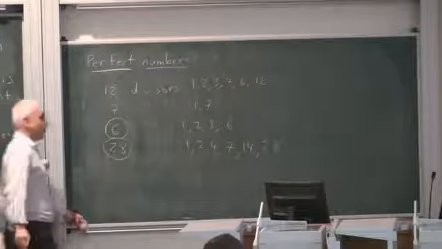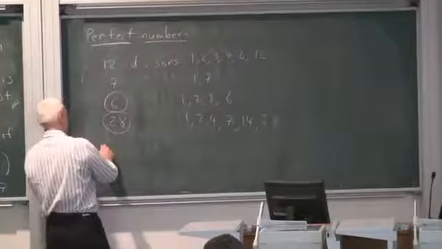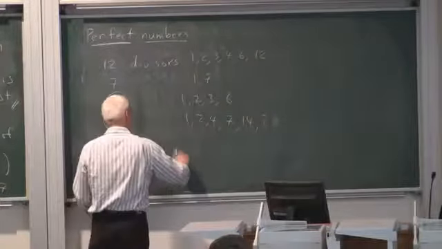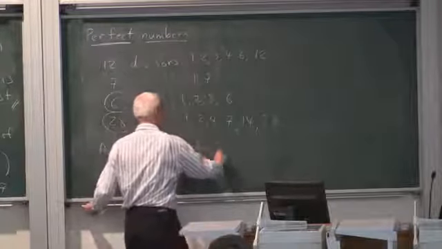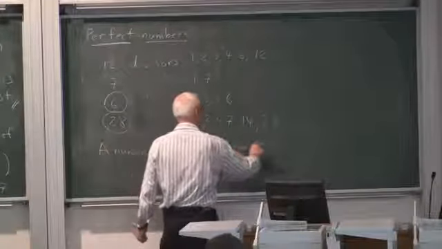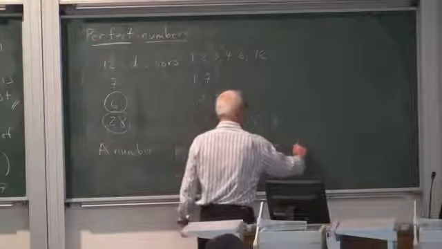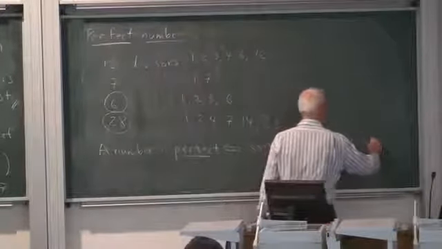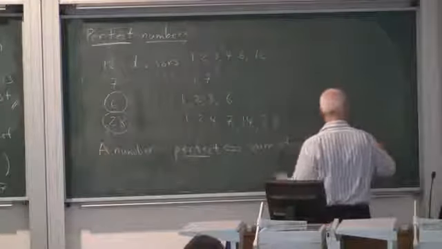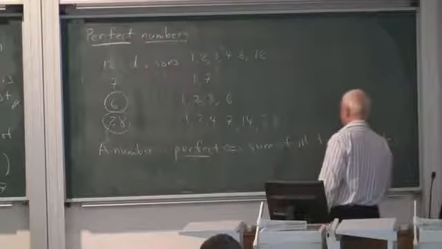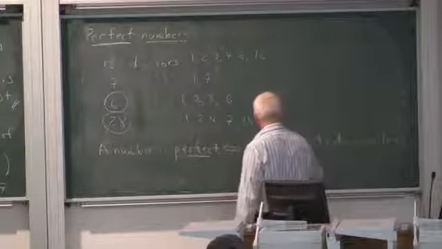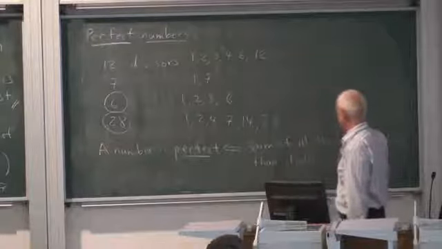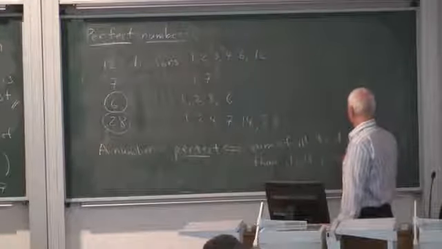So a number is perfect if the sum of all its divisors, well, the divisors that are less than itself, is the number itself.